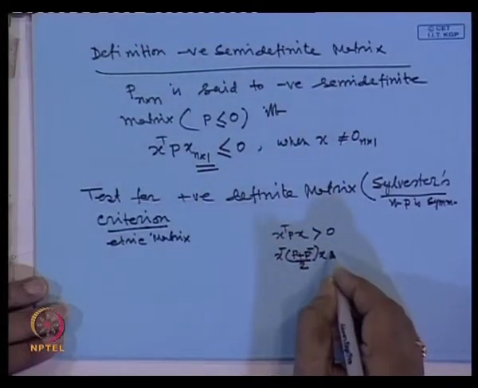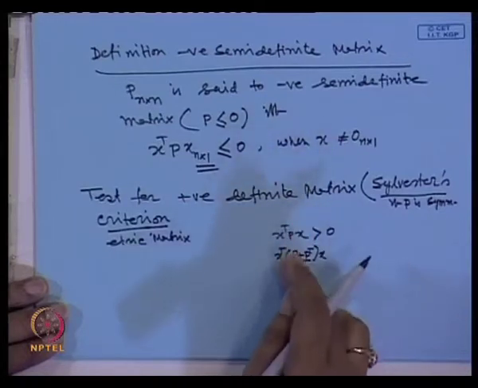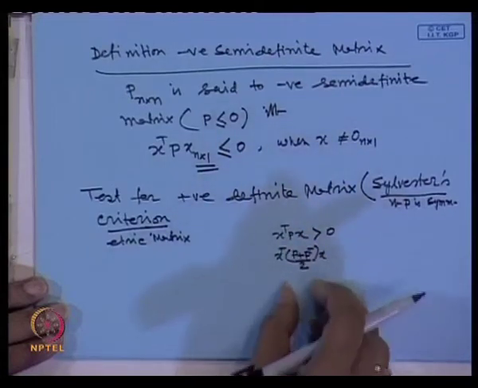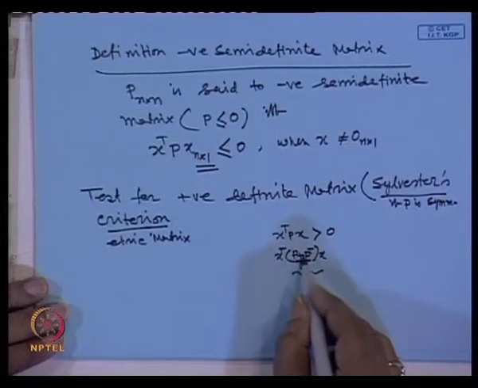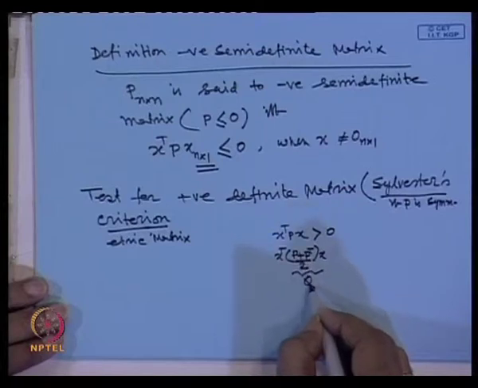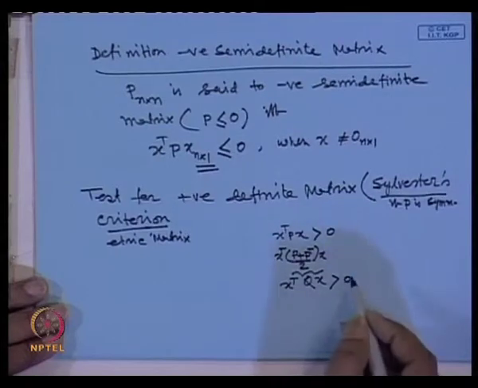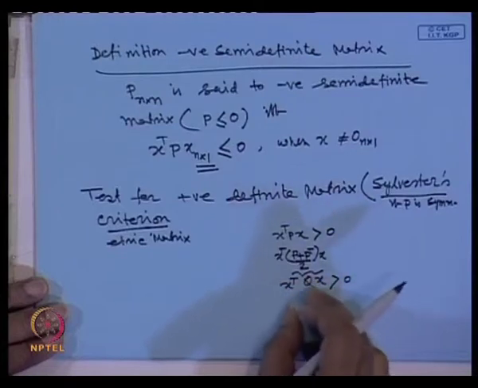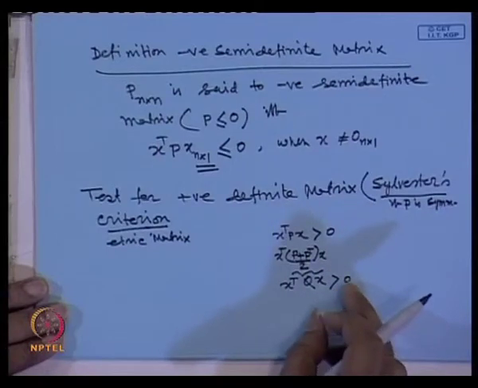So, in other words, if P is not a symmetric matrix, we convert it into the form P plus P transpose by 2, which is symmetric, and test with this matrix, which I denote by Q. If Q is symmetric and positive definite, then x transpose P x will be greater than 0.